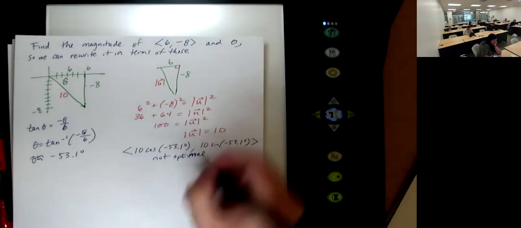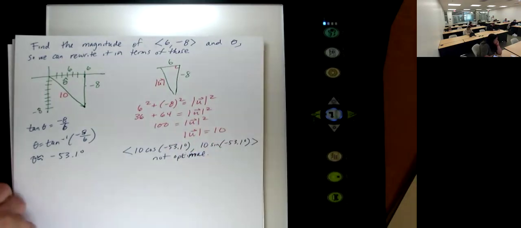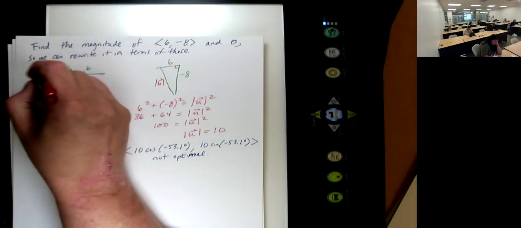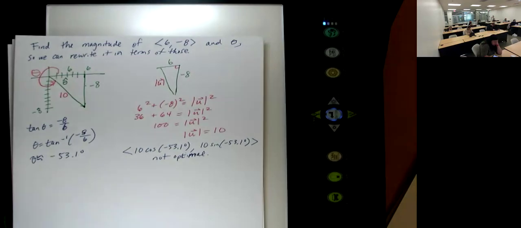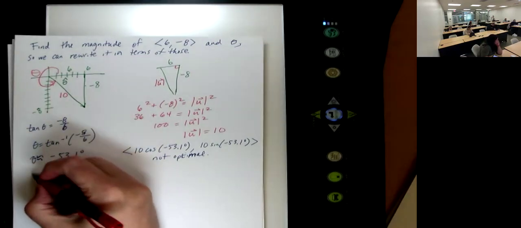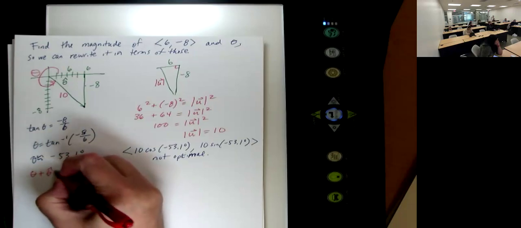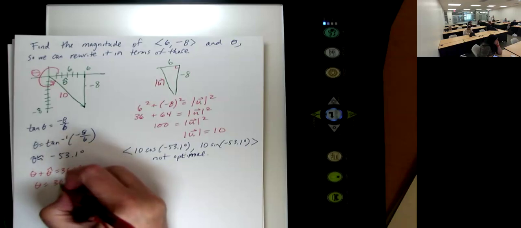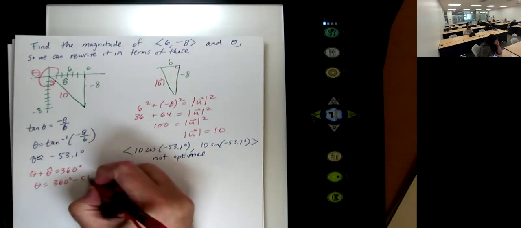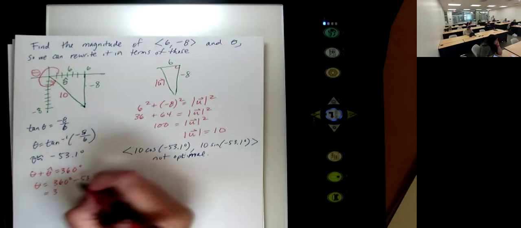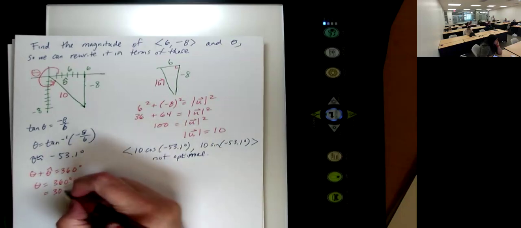One option you have is to figure out what the actual angle was. The actual theta is doing this. So theta plus theta hat equals 360. So theta equals 360 degrees minus the 53.1, which is what, 306.9?